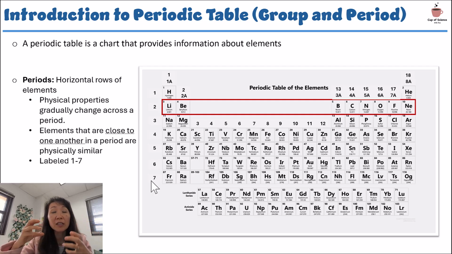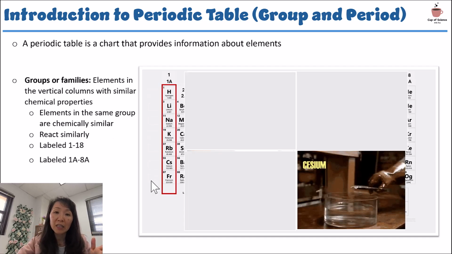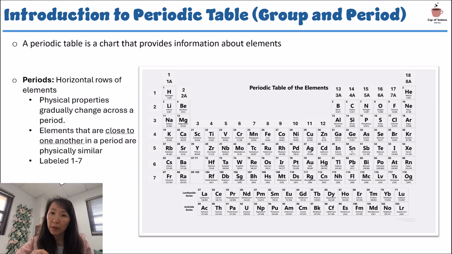They look similar. The other one, where it's a family, was more like they act chemically similar. So physically similar for periods, chemically similar for groups and families. Oh, by the way, group and family are used interchangeably.